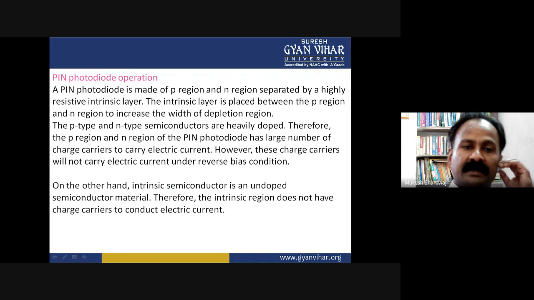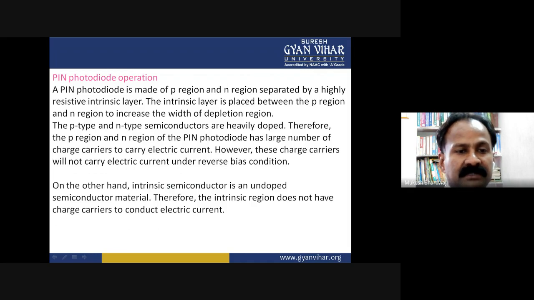The p-type and n-type semiconductors are heavily doped. Therefore, the p region and n region of the pin photodiode have a large number of charge carriers to carry electric current. However, these charge carriers will not carry electric current under reverse bias condition. On the other hand, intrinsic semiconductor is an undoped semiconductor material. Therefore, the intrinsic region does not have charge carriers to conduct electric current.